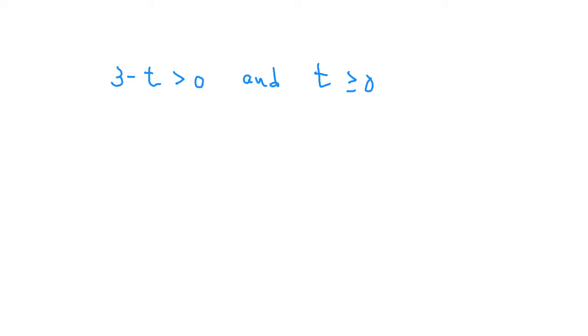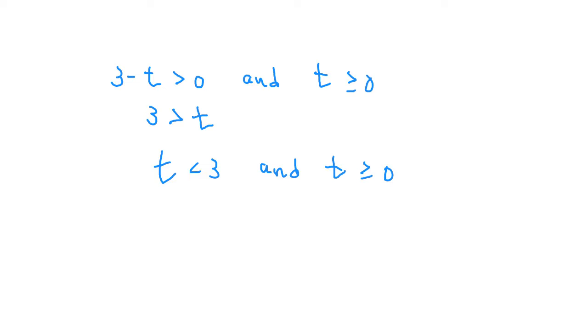Both of those have to be true. Well, if 3 minus t is greater than 0, then 3 is greater than t, or t is less than 3. So we get t is less than 3, and t is greater than or equal to 0.